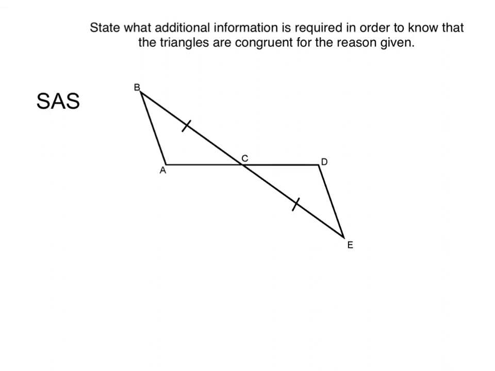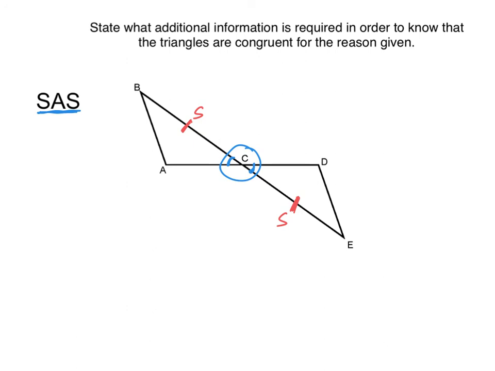Same idea here. I want to just figure out how do I prove them by SAS. Well, again, I'm given a side right there and a side right there. All right, I need to find an angle that's congruent. Well, if I look at angle C right in that region there, notice that I would have vertical angles right there and right there.